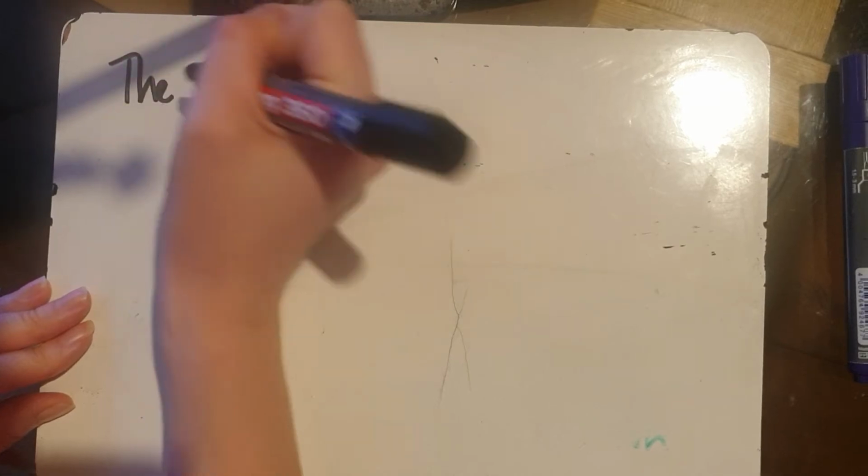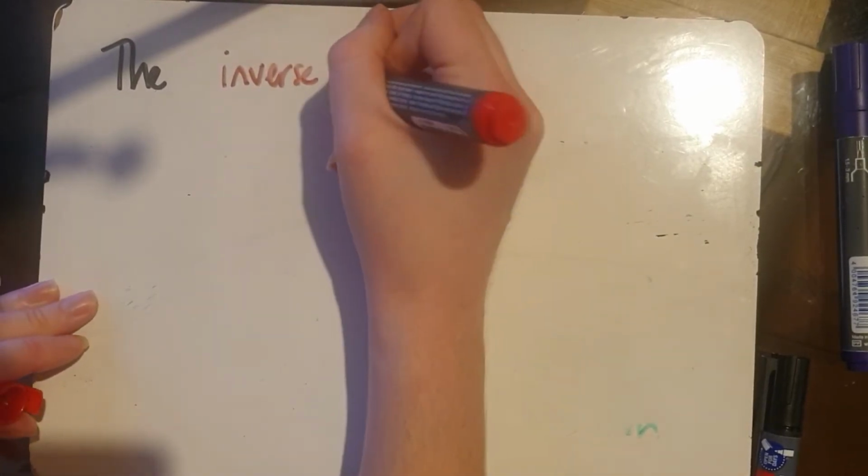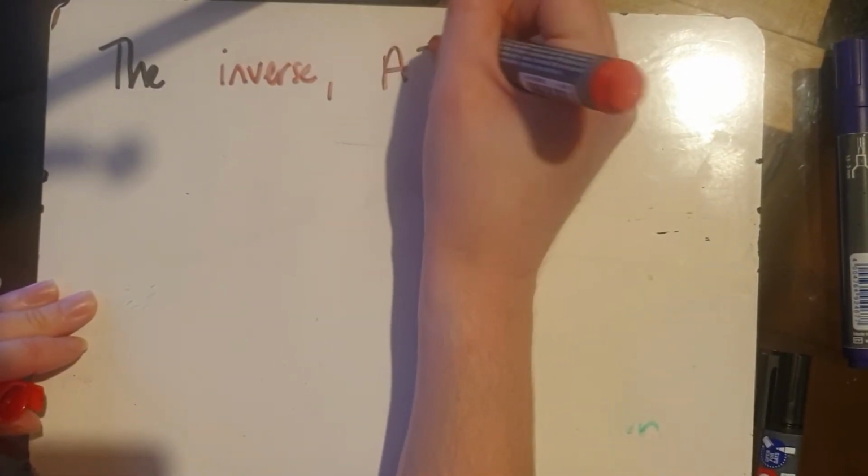Now we have special notation for the inverse of a matrix, which we denote A to the -1.